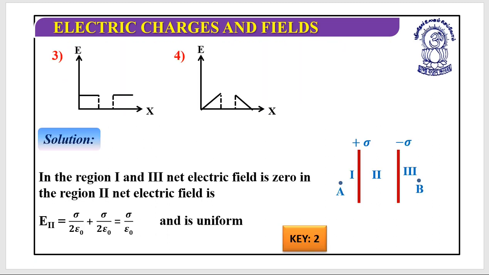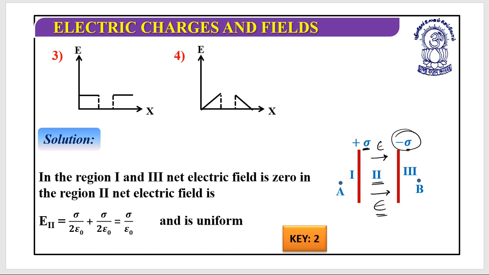So let's look. This is region 2. You are going to move from plus sigma to minus sigma. Here this is plus sigma, so the direction of electric field will be radially outward. And here it is minus sigma, so the direction of electric field will be towards the plate.